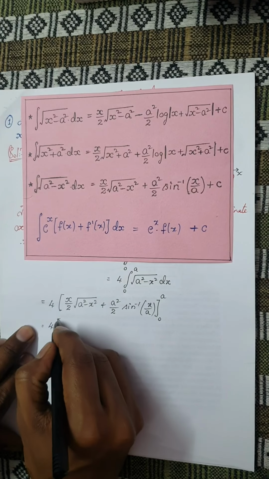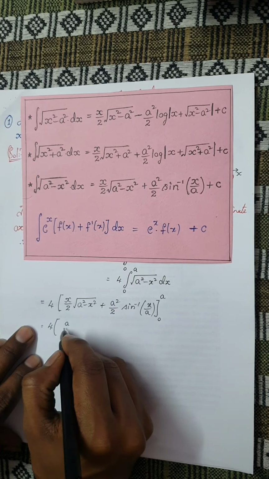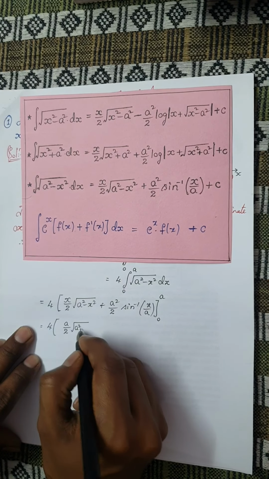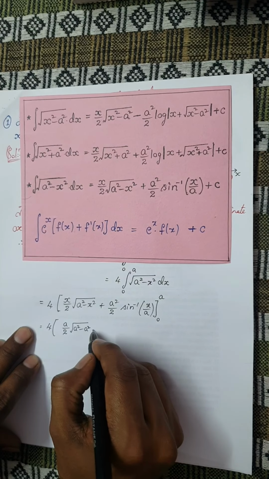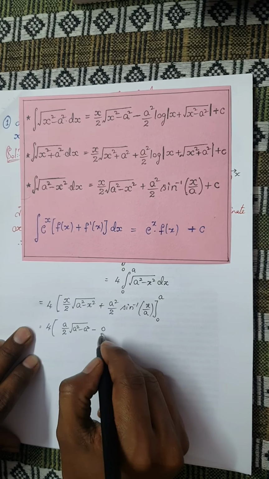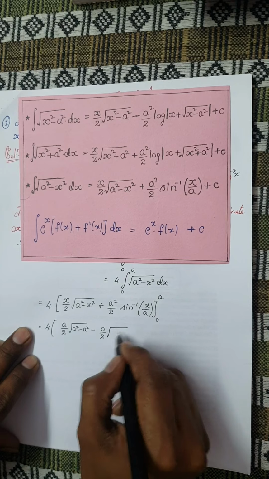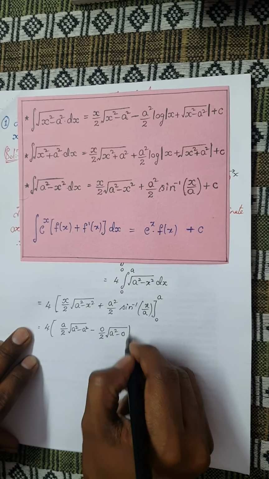So that is nothing but 4 times. Let me substitute the upper limit. So the upper limit here would be a divided by 2 into root of a square minus a square. If you apply the lower limit and subtract, it is 0. If you take 0 by 2, it is actually 0, so you need not consider anything. Or else, 0 by 2 into a square minus 0.